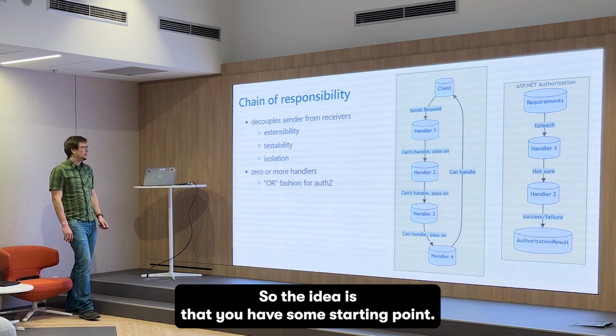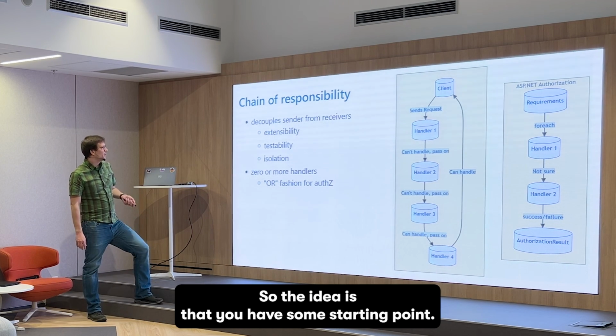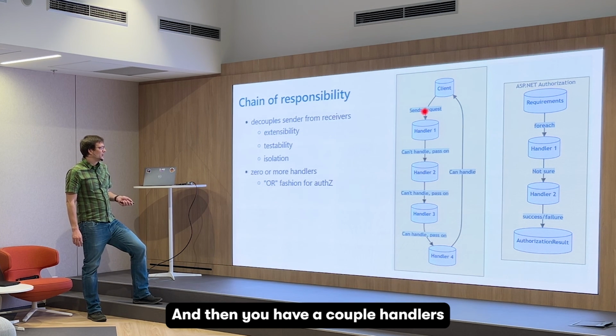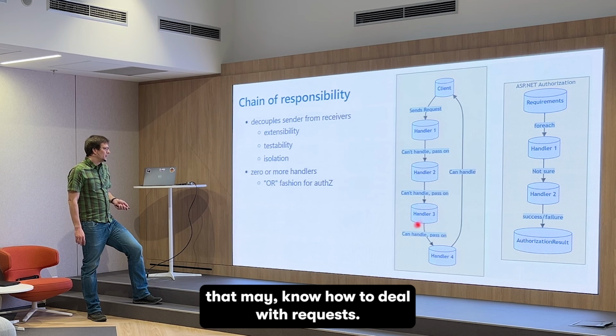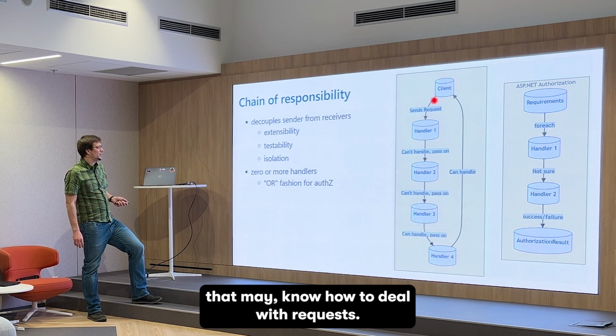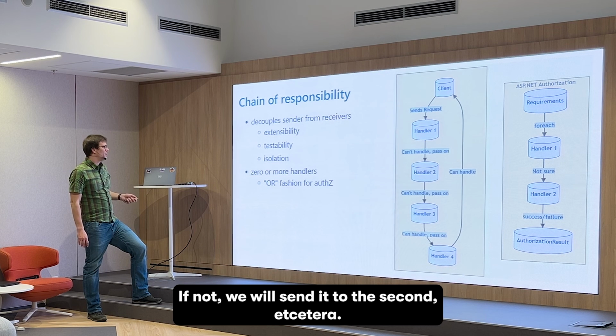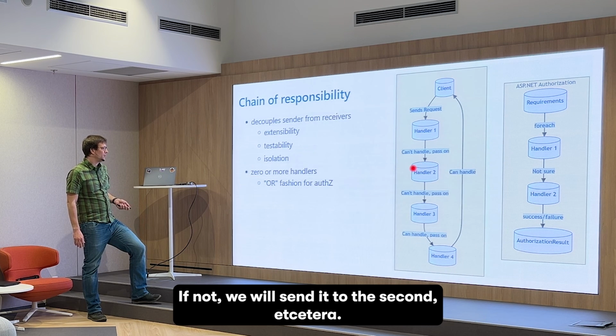So the idea is that you have some starting point, usually it's called a client, and then you have a couple of handlers that may know how to deal with a request. So we send it to the first. If it knows, it will handle the request. If not, we will send it to the second, etc.